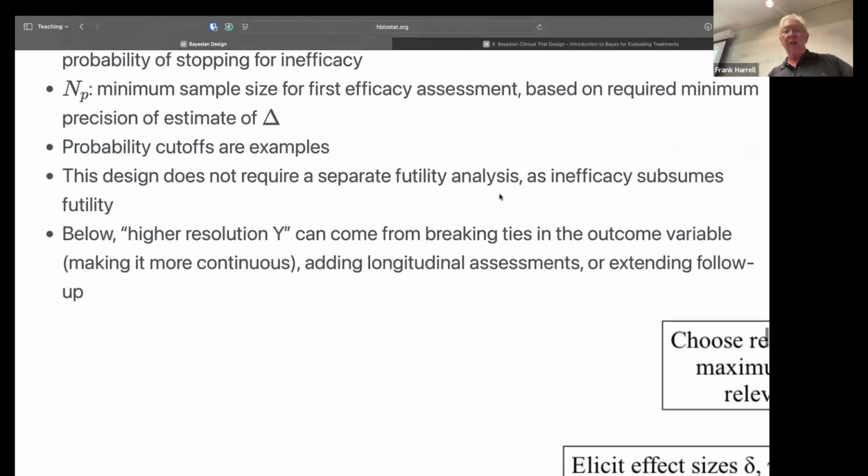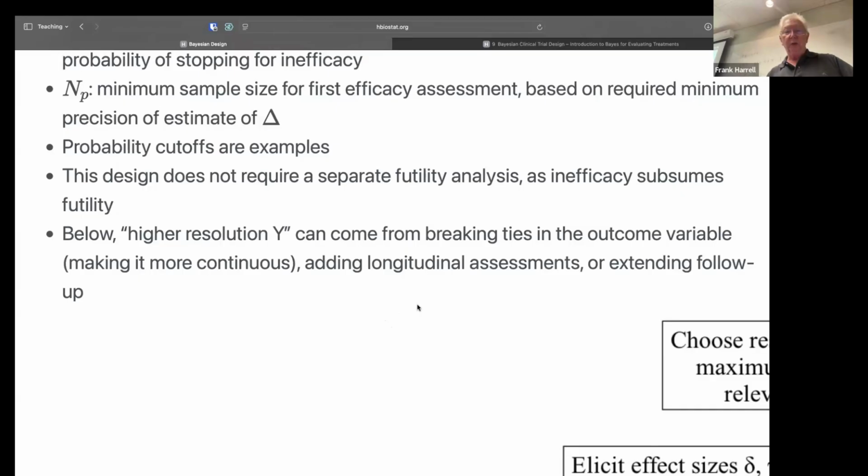There's no separate futility analysis because inefficacy is an easier thing to conceptualize and it subsumes futility. So if we have evidence for inefficacy, that has as part of it what people would call futility. But to me, it's an easier concept.